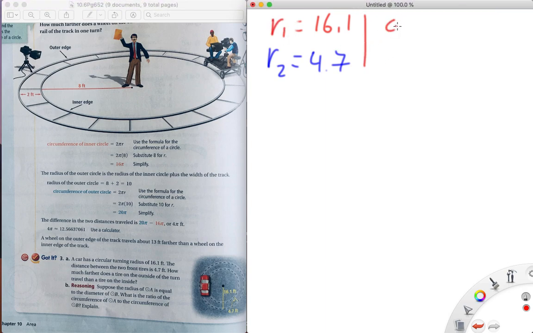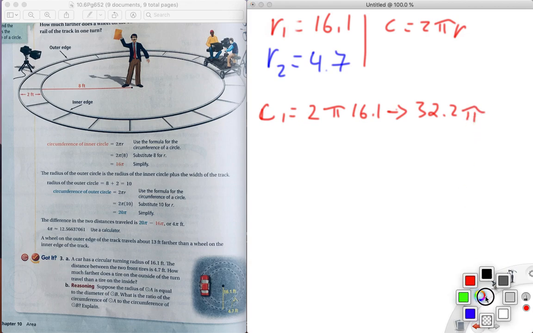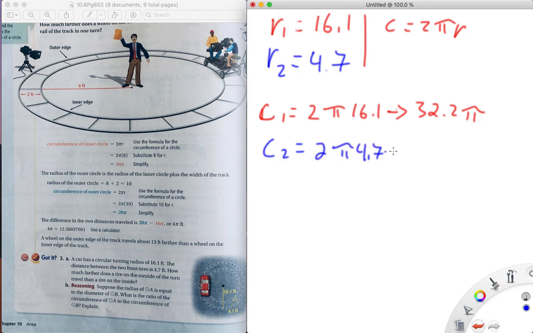So circumference equals 2 pi r. For circumference number 1, that's 2 pi 16.1, which is 32.2 pi. And then circumference number 2, 2 pi 4.7, which is 9.4 pi.